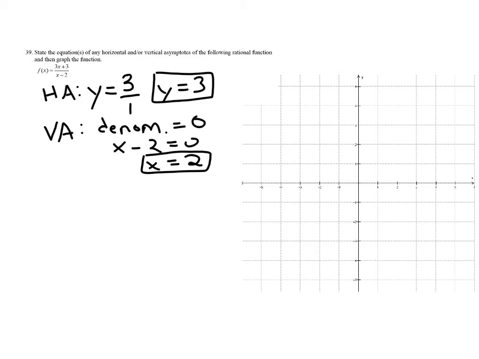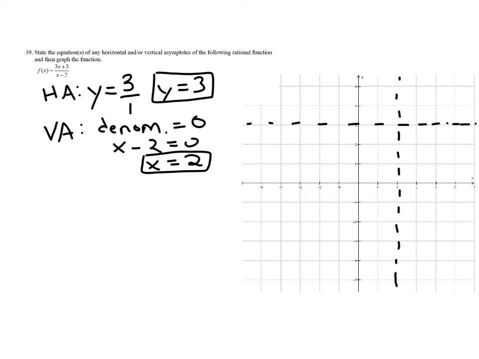So to begin graphing, I might go ahead and sketch those asymptotes as dotted lines. So here's the vertical asymptote at x equals 2, and the horizontal asymptote at y equals 3. The scale on this grid might not be perfect for the function we are given, but we'll do the best we can here. Now to fill in the graph of the function, we should substitute various x values to determine where the graph lies.